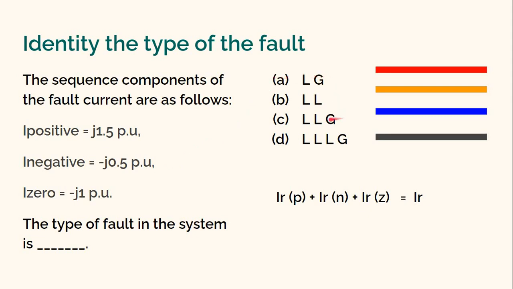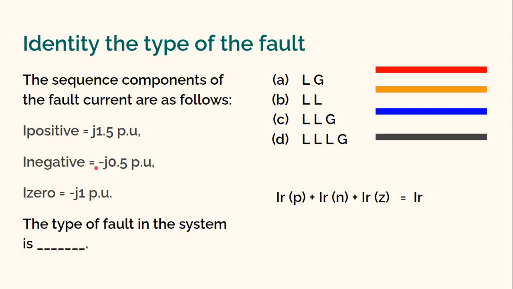The only remaining option is double line to ground fault, where the positive sequence component is equal to minus the sum of the negative and zero sequence components. That is the property of a double line to ground fault. Here you can verify: I positive sequence is j1.5, I negative sequence is minus j0.5, I zero sequence is minus j1.